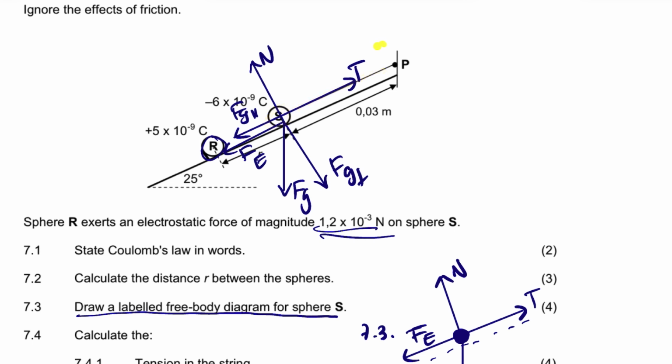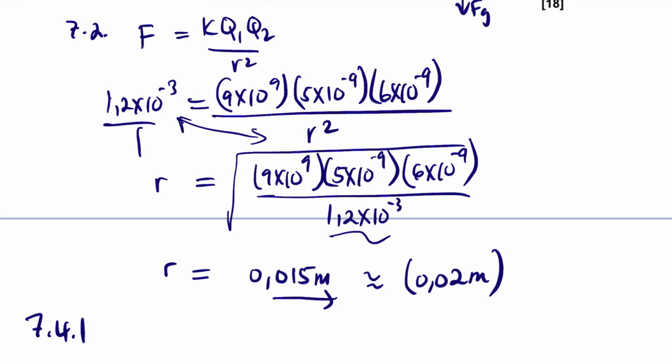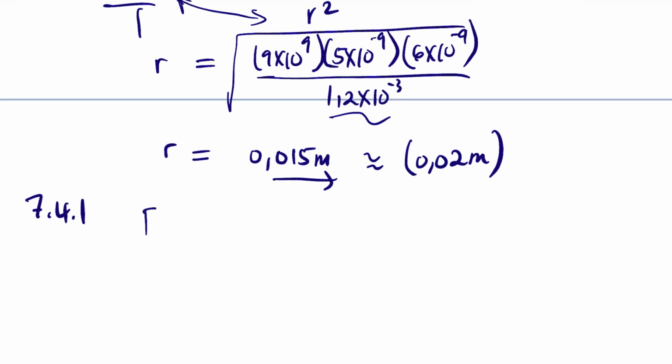But remember, on an incline there on the surface, there are three forces acting: the FG parallel, the electrostatic force and the tension. We know the tension is going to be equal to the sum of these two because they are at rest. So we'll say F net is equal to 0, and the forces up the slope we choose as positive.